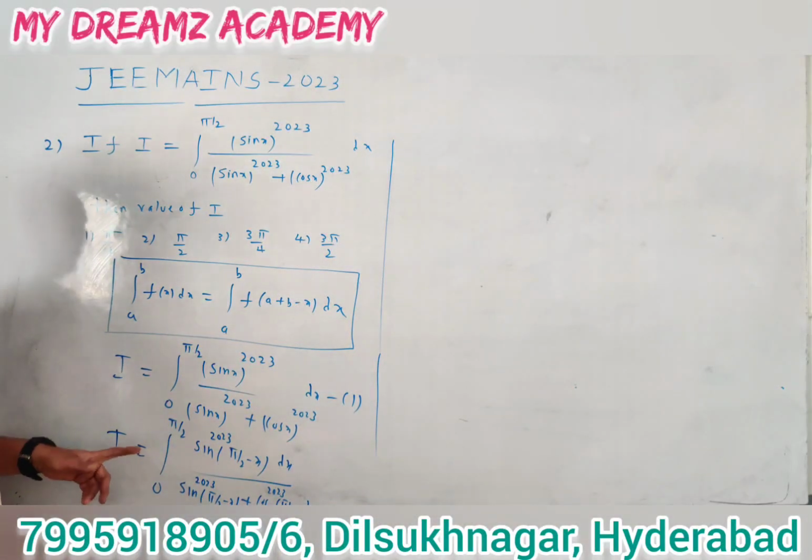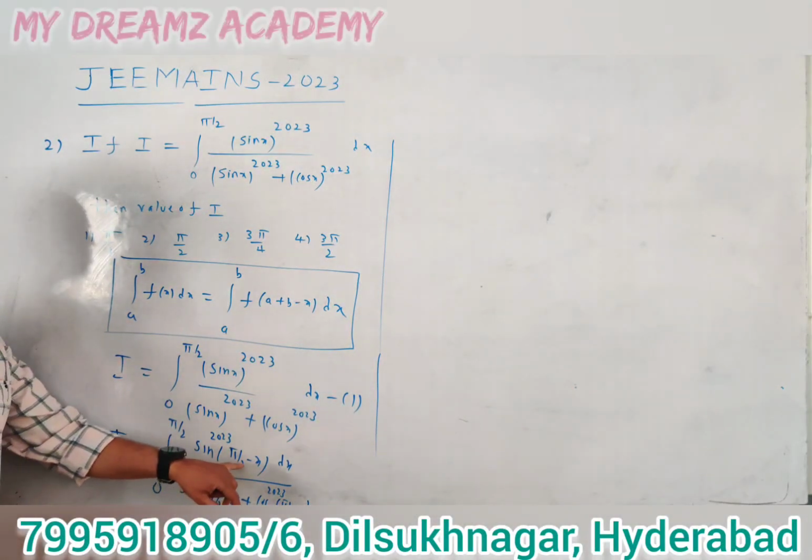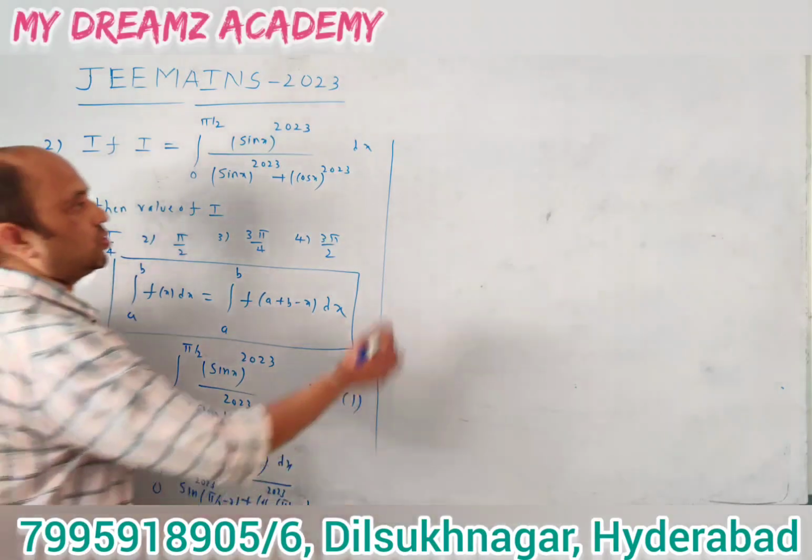Here we already know the formula: sine of (90 minus theta) is cos theta.